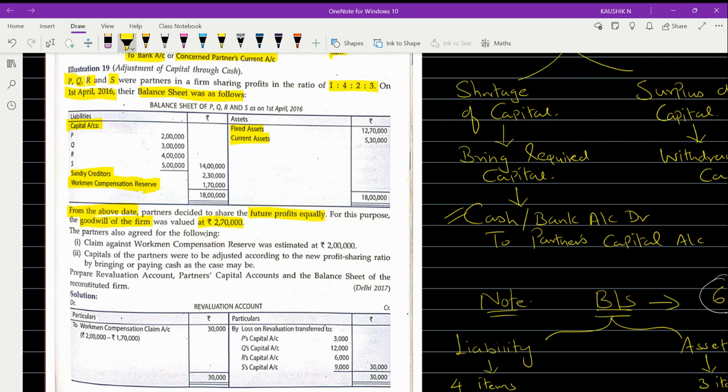We have goodwill appearing outside the balance sheet. Any goodwill which is appearing outside the balance sheet is a self-generated goodwill, which you have learned in chapter number 2, nature and valuation of goodwill.